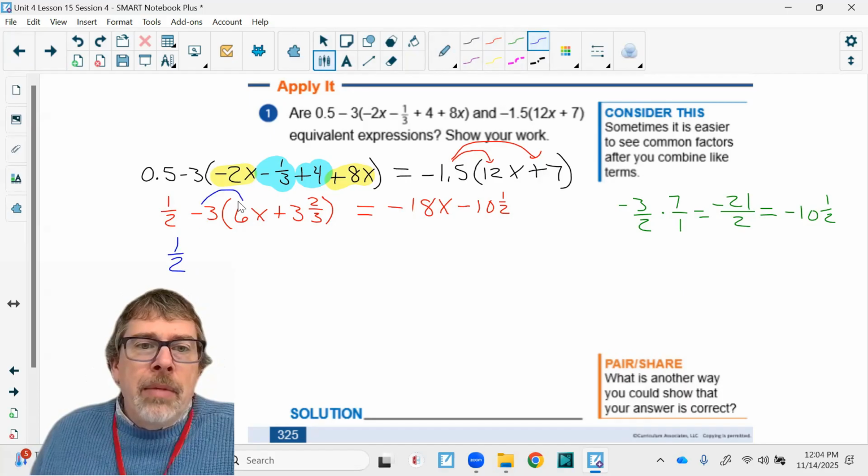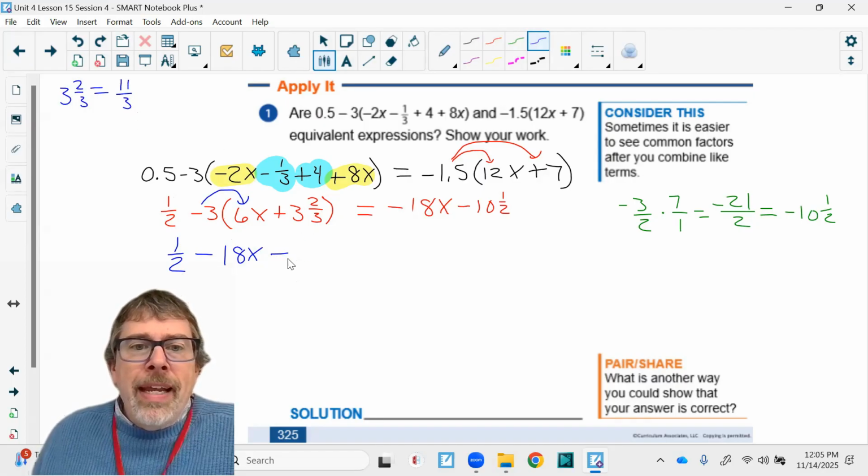A negative times a positive is negative. 3 times 6 is 18x. A negative times a positive is negative. 3 times 3 2/3. Well, let me change that. 3 2/3 is 3 times 3 plus 2, or 11 over 3. And I'm going to multiply that by 3. The 3's cancel, and I'm going to get just 11.